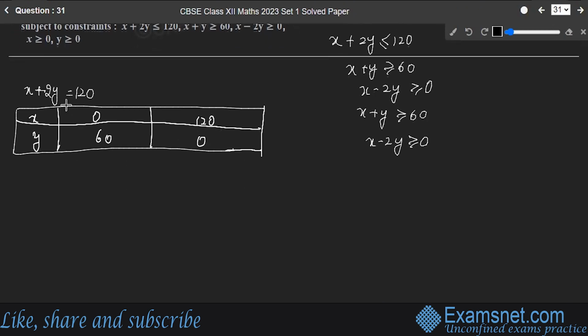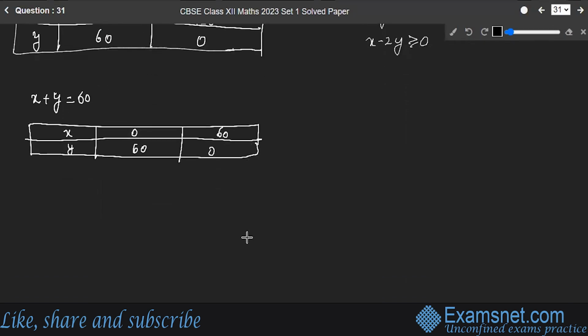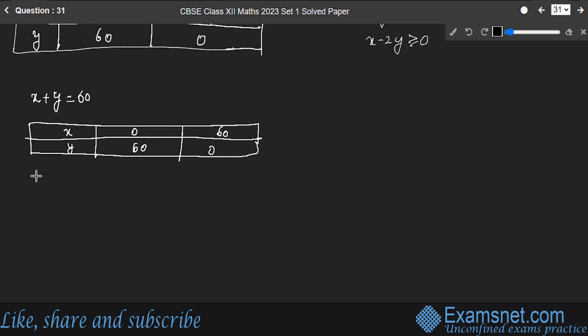Let's go for the second equation. x plus y is equal to 60. Changing this inequality to equation, here is x, y. If I'm putting x is equal to 0, y is 60 and y is equal to 0, x becomes 60. Next, the last one is x minus 2y is equal to 0. Let's frame the table for that also.